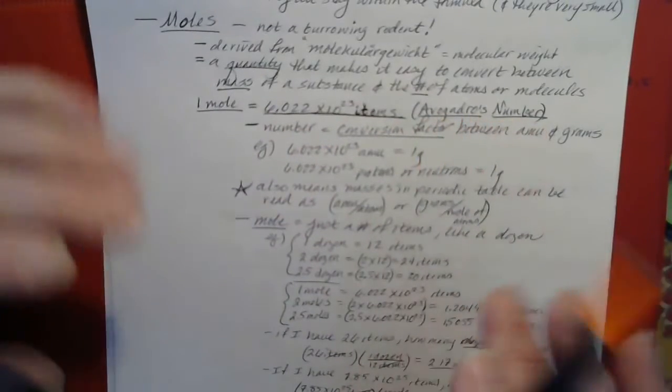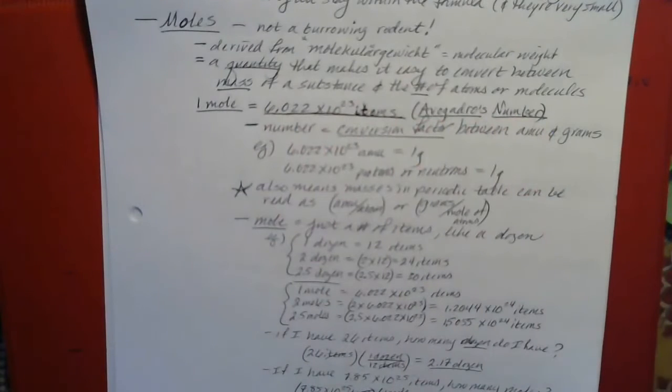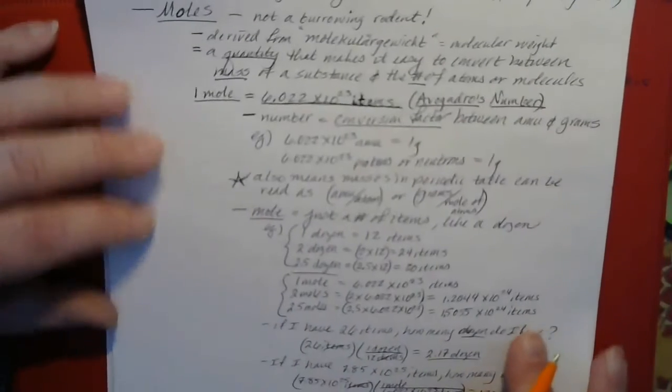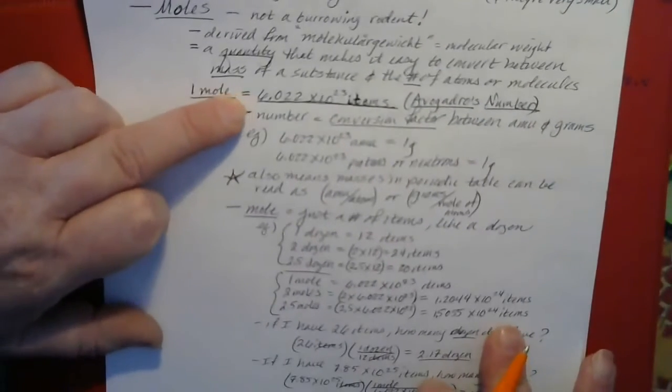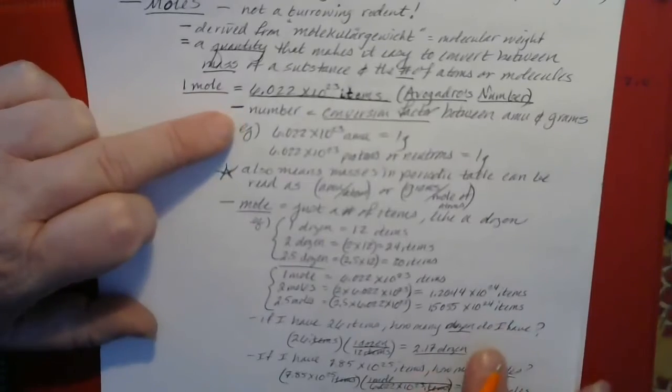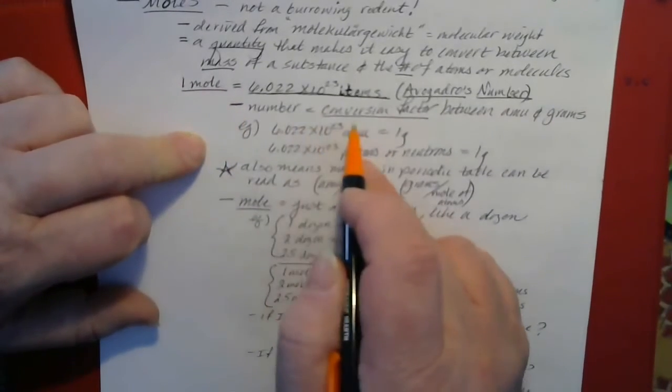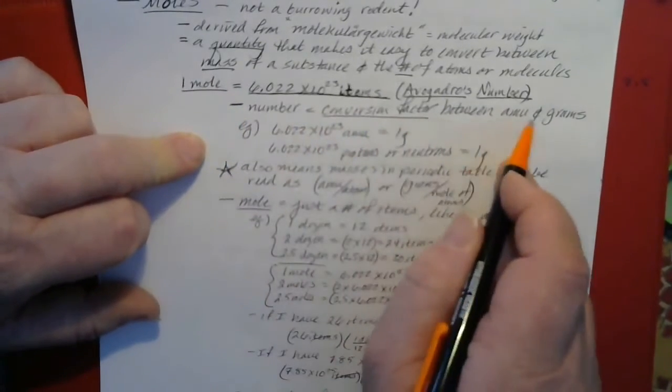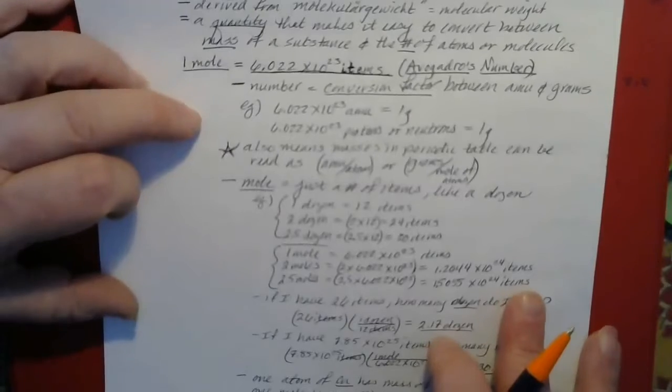And that's known as Avogadro's number, after Amedeo Avogadro, whose work with gases led to the calculation of that number. And that particular value for the number was chosen because it happens to be the conversion factor between atomic mass units and grams.